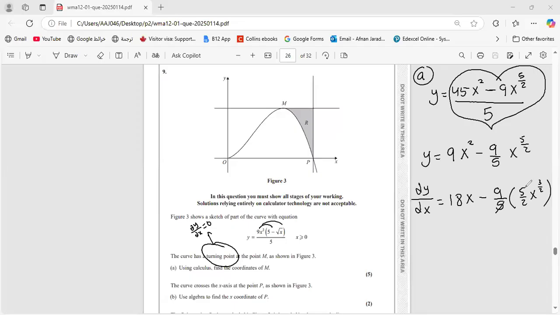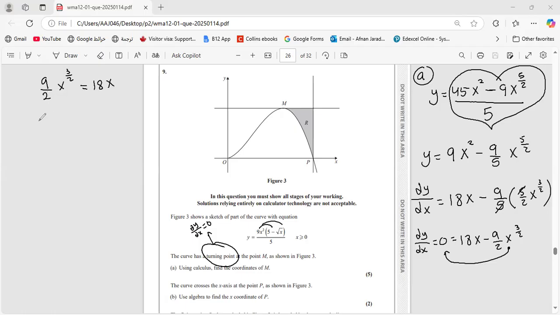Okay, 5 divided by 5. dy over dx equals 0 because it's a turning point. 18x minus 9 over 2 x to the power of 3 over 2. Taking this one to the other side, it will be 9 over 2 x to the power of 3 over 2 equals 18x.